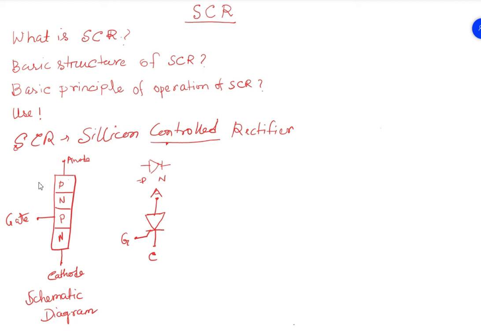So you can think this is my first P and this is my last N. Overall this is a kind of PN diode and this is one extra terminal, the gate. This is my symbolic diagram.